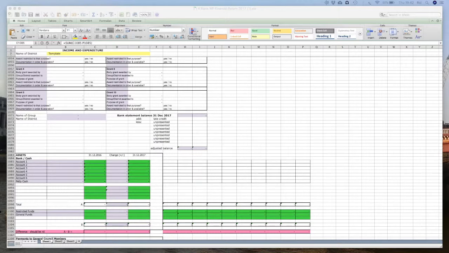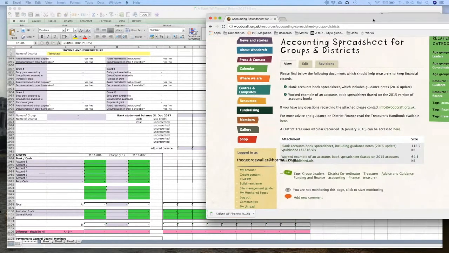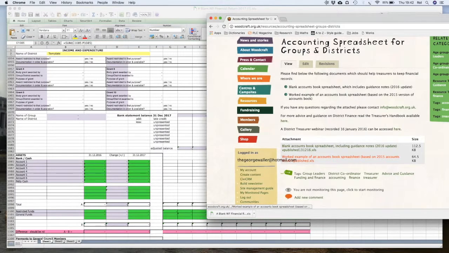Yes, we provide an example spreadsheet for recording your receipts and payments. That's held on the national website as a resource for treasurers. On that standard spreadsheet, there's a column for all expenditure, and then there are analysis columns to show how that expenditure has been spent.